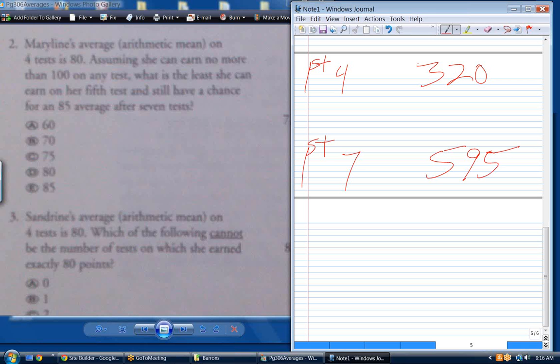So what's the lowest score she could have on the 5th test and still total 595 points for the first 7 tests? And she can get no more than 100 on any test.